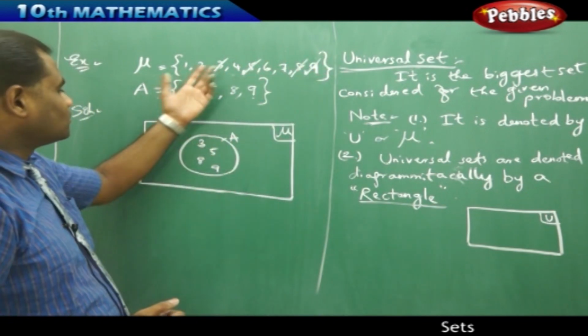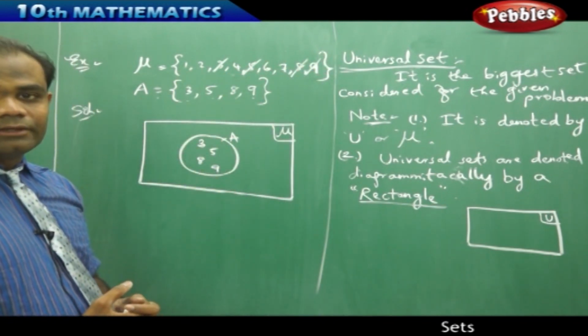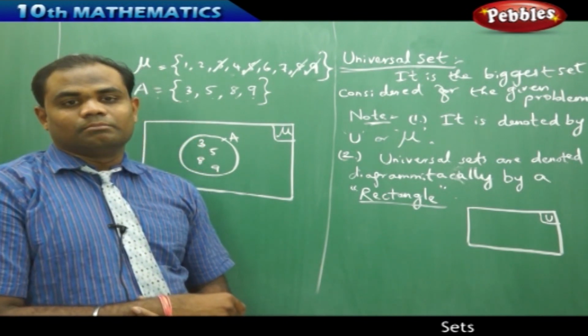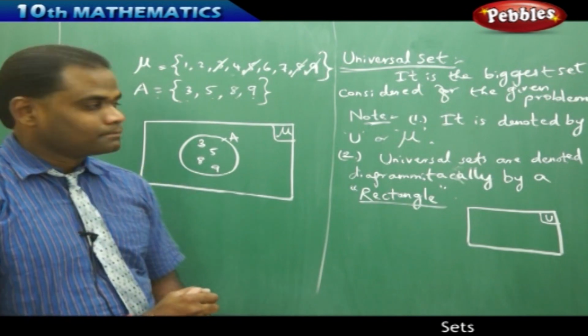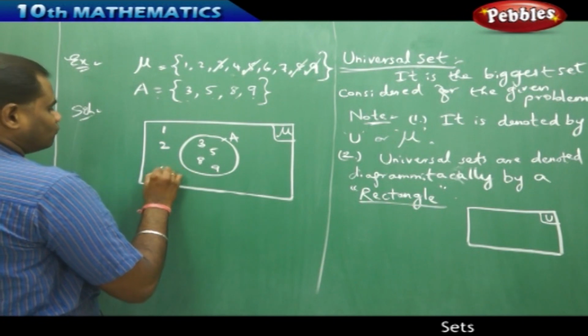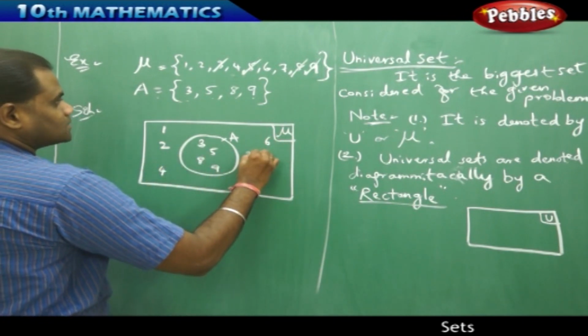So these elements are already filled inside the circle A, therefore the remaining elements are assumed to be outside the circle A, but inside the universal set mu. So I have the elements 1, 2, 4, 6, 7.